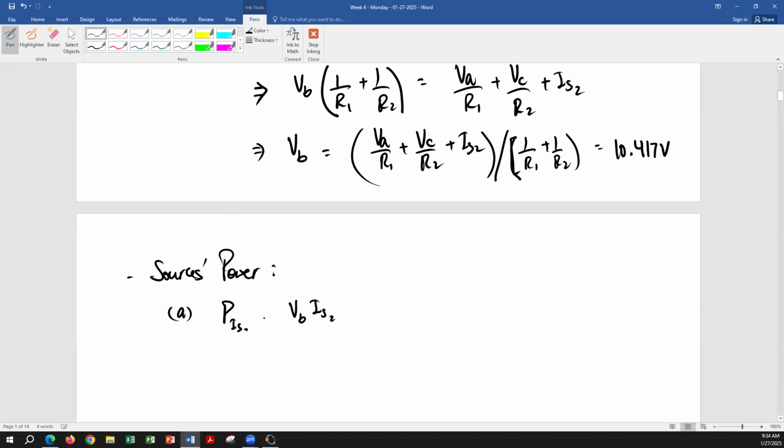Power of IS2 equals VB times IS2. That is 1.0417 watt.